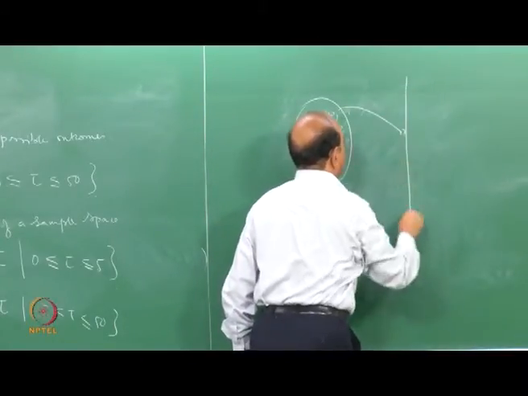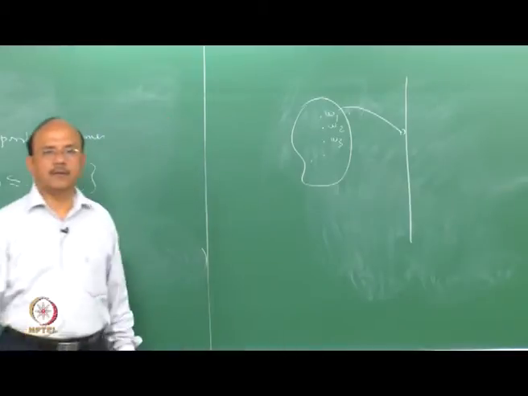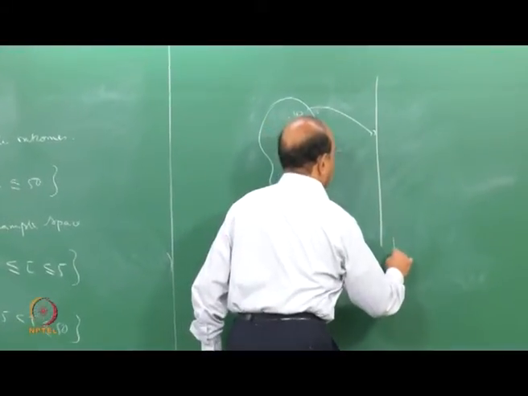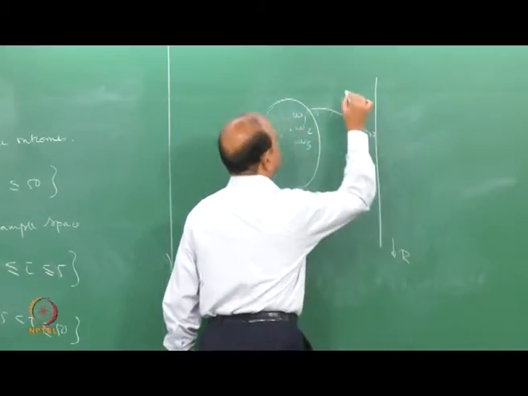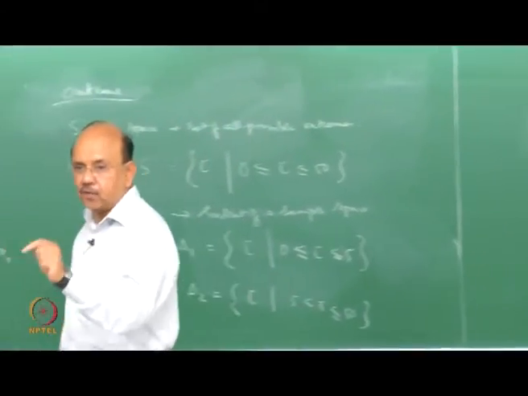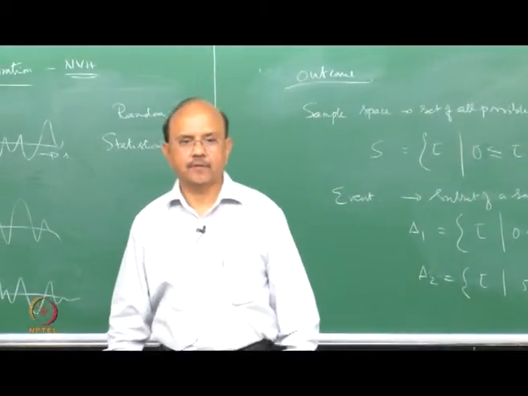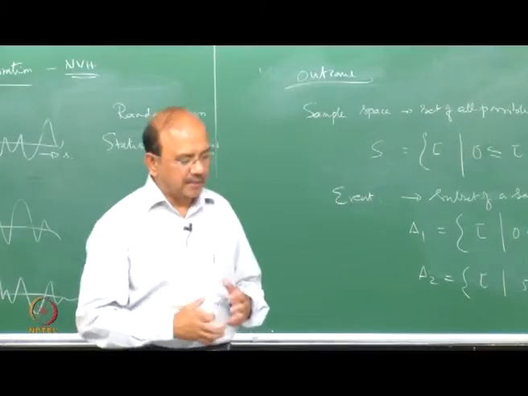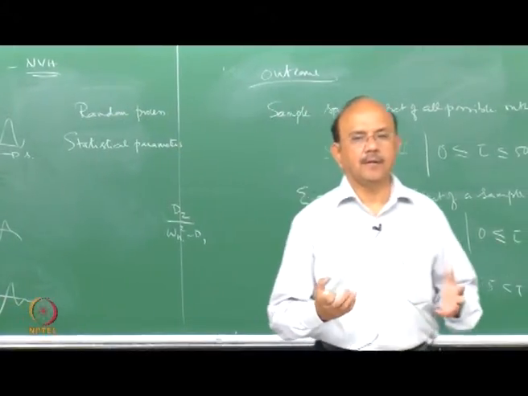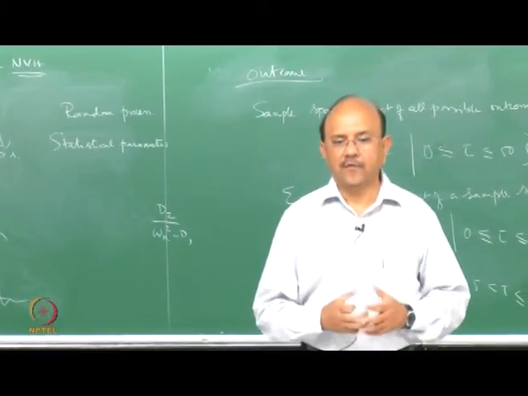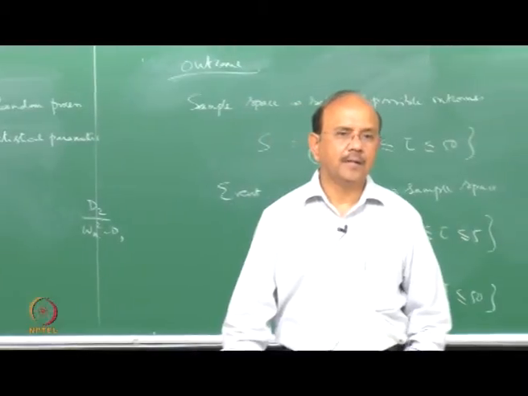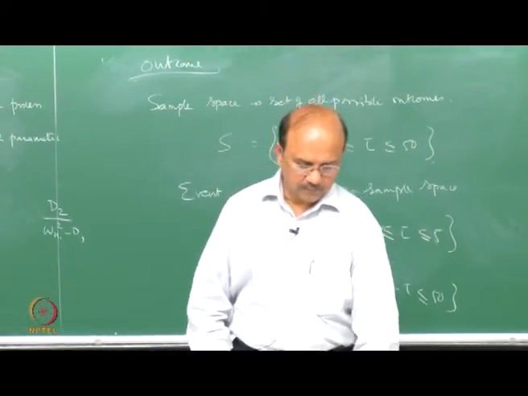A random variable is one which maps this event to a real line. So basically a random variable is a function. Though we loosely later use random variable to be a variable, in the strictest sense of the word, a random variable is a function.